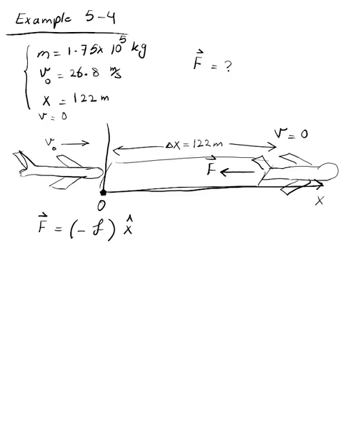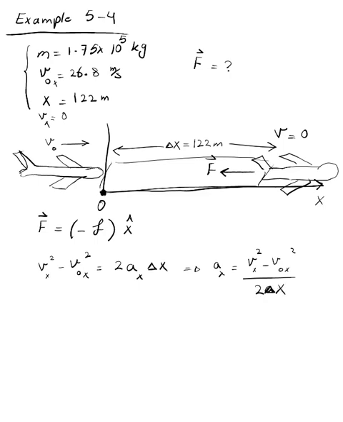So I'm going to use this equation: v squared minus v naught squared equals 2 a_x delta x. And all these are in x direction because I do not have a y direction at all. So it means that my acceleration is v squared minus v naught squared divided by 2 delta x.